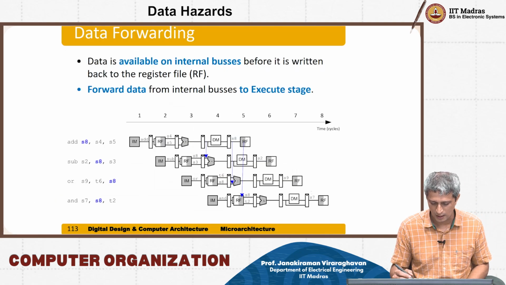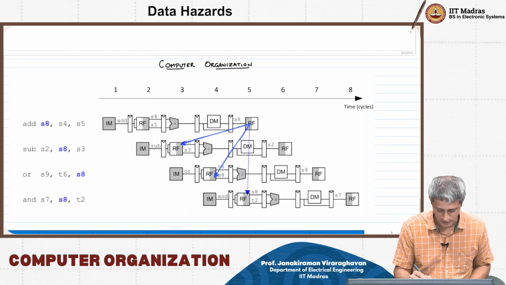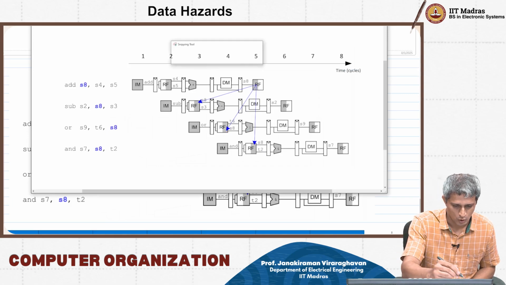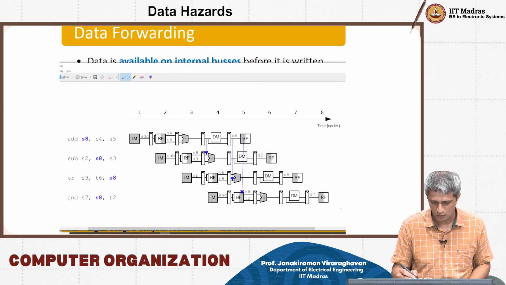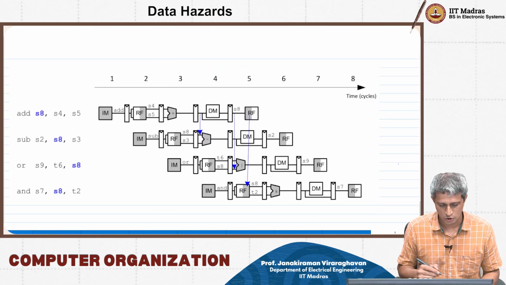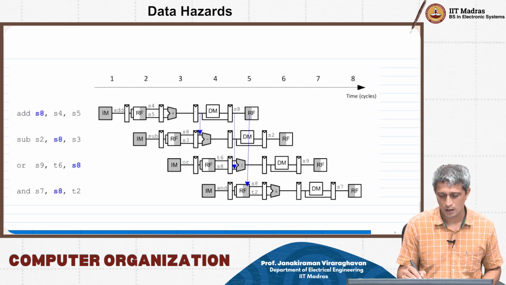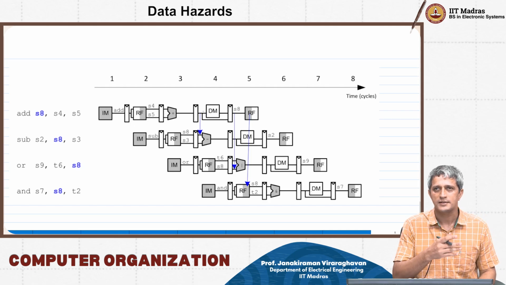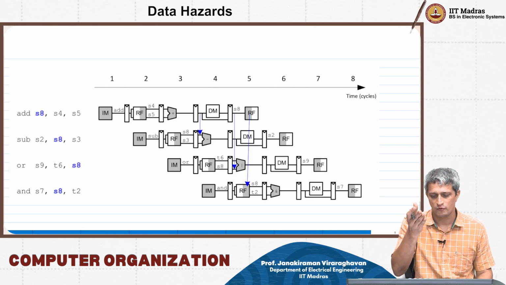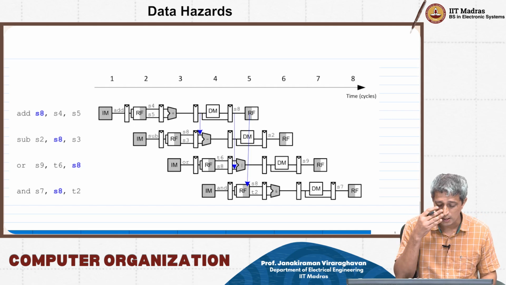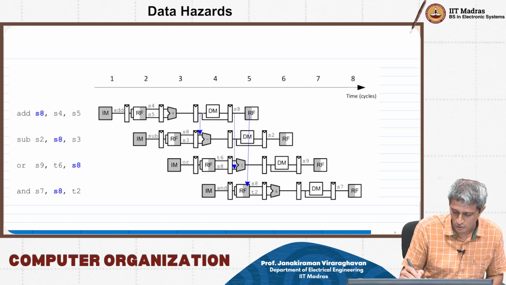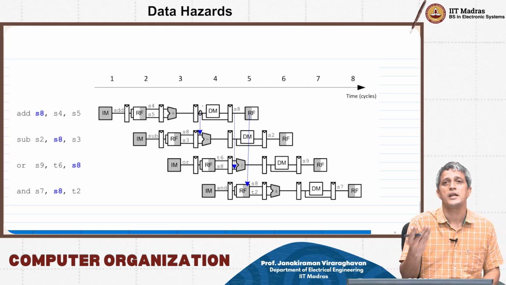So let me again get this whole instruction there. Technically, in clock cycle 4, you have already sampled the ALU output which has performed S4 plus S5, and the output of this flip-flop already has that data.